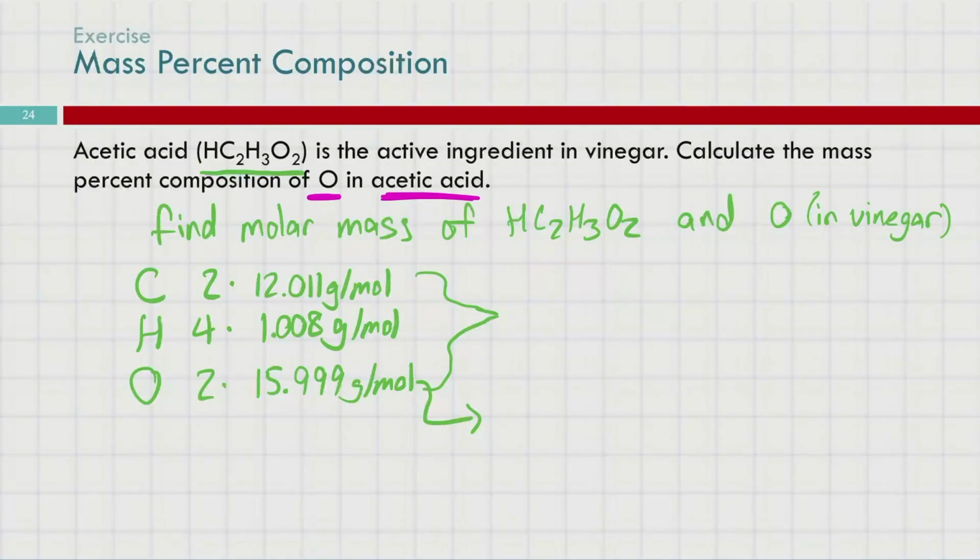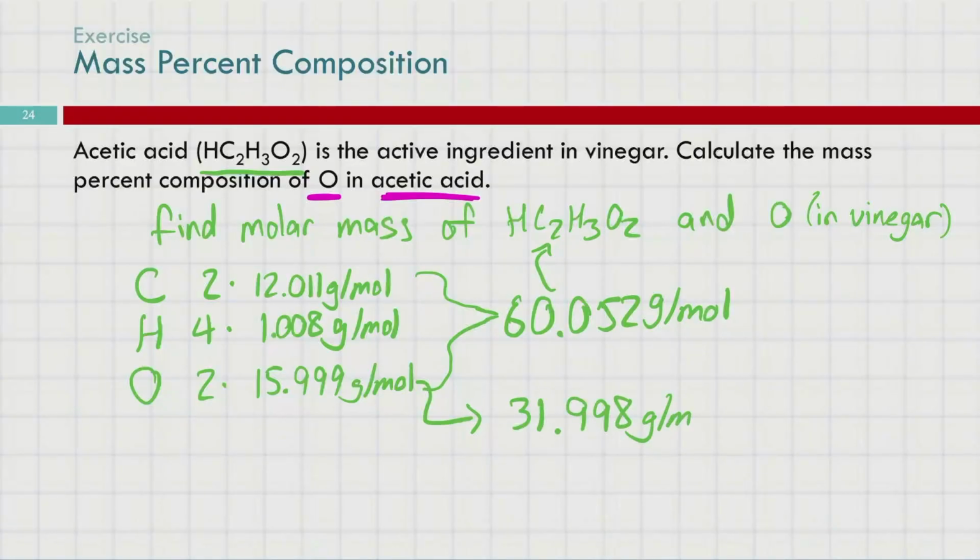The total is 60.052 grams per mole. That's our molar mass for acetic acid. For just the oxygens by themselves, it's 2 times 15.999. So that's 31.998 grams per mole.